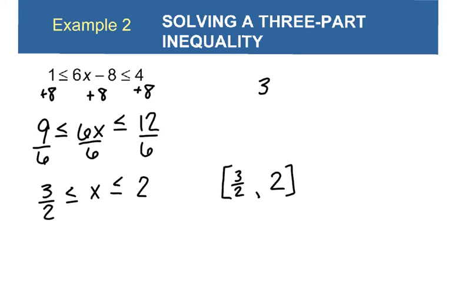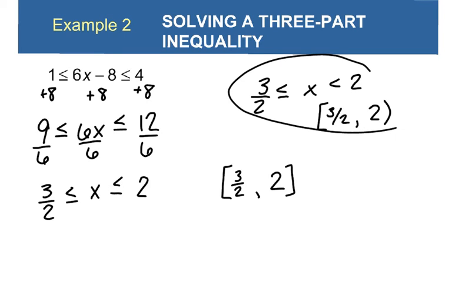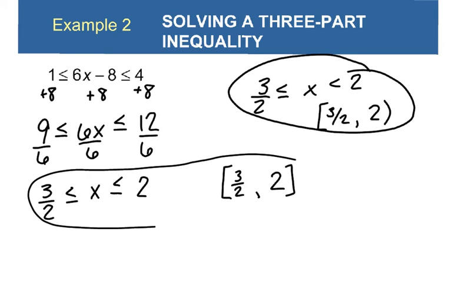If we had 3/2 less than or equal to x, and then just a less than symbol 2. How this would look would be, again, bracket, start at 3/2, and then go to 2. But since this symbol right here is just a less than symbol, on our 2, we would put a parenthesis rather than a bracket. Okay? So here's our solution for this one, though.